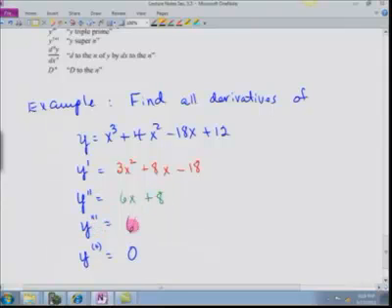Third derivative, 6. Fourth derivative, 0. So we went all the way. It's not so bad when it's just a nice polynomial. It gets bad when you have to find the second, third derivative of a quotient. It's really ugly. Can be.